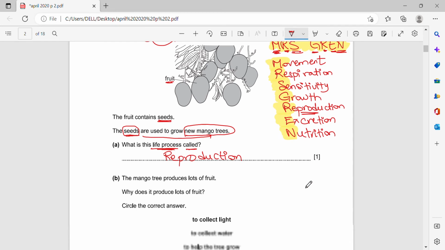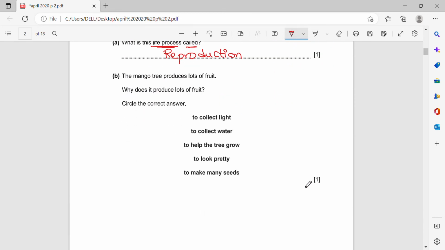Question B. The mango tree produces lots of fruit. Why does it produce lots of fruit? What does the fruit actually contain? The fruit contains seeds. So why does it produce lots of fruit? To make many seeds.